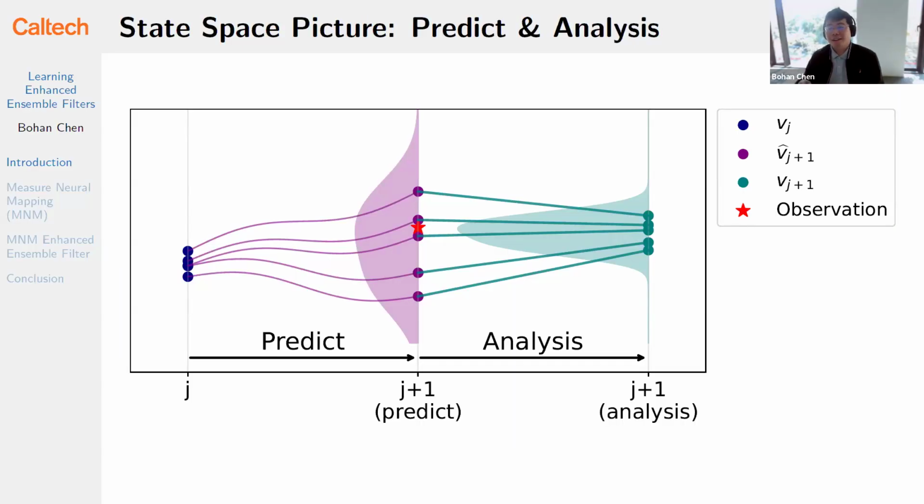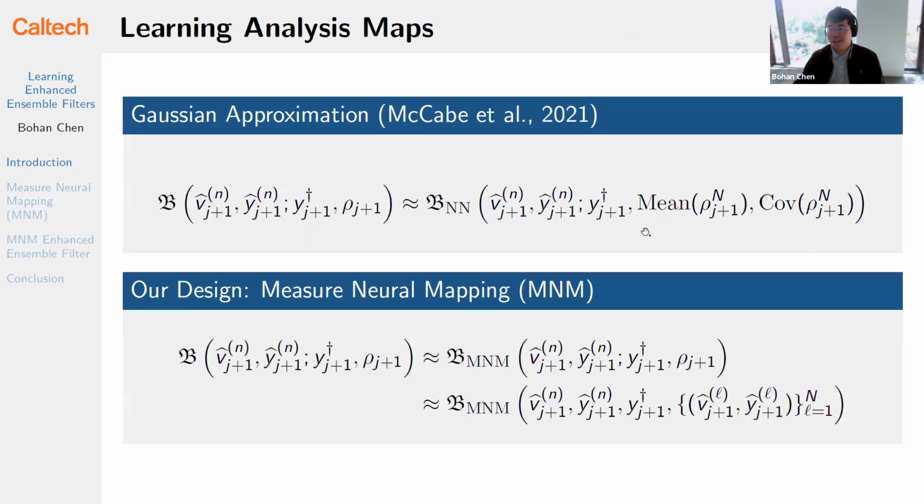Okay, here is a brief review of the problem setting and the classic method EnKF. The goal of our approach is that we don't want to just assume too much on this map script B. We want to learn it. And there is some previous work.